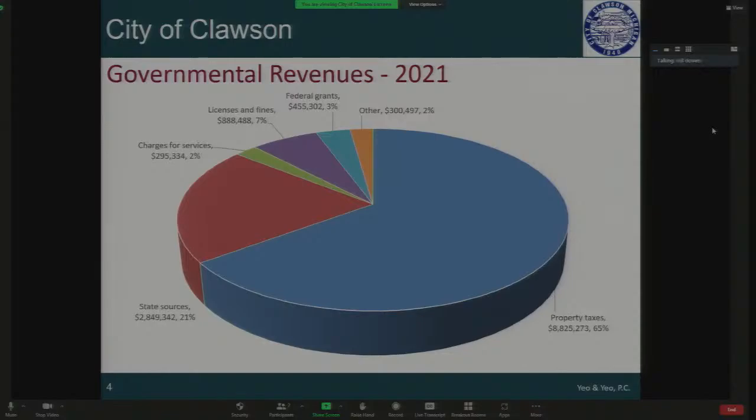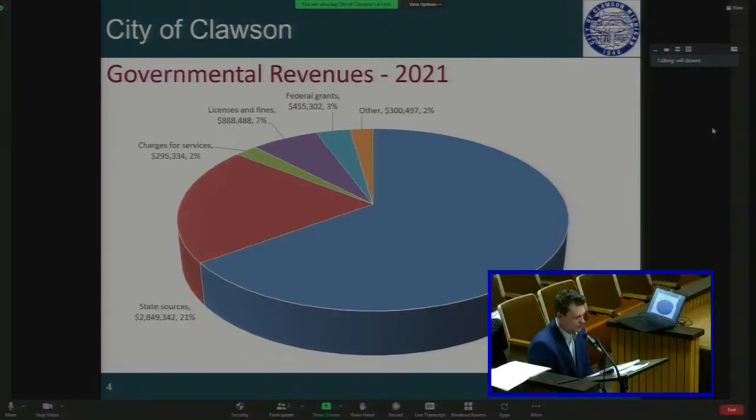The next part, which is also likely not a surprise, is the state revenue sharing sources at 21%. This does include the Act 51 funding for your roads, your major and local street funds. And then the remaining pieces are fairly small, but I did want to draw attention to the federal grants. Even though it was only 3% of the total makeup of revenues this year, that is higher than in past years at the city.